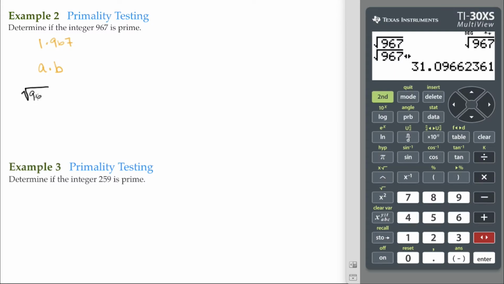But we can see that the square root of 967 is approximately 31.1. So what that means is that all we have to do is check all the primes less than 31.